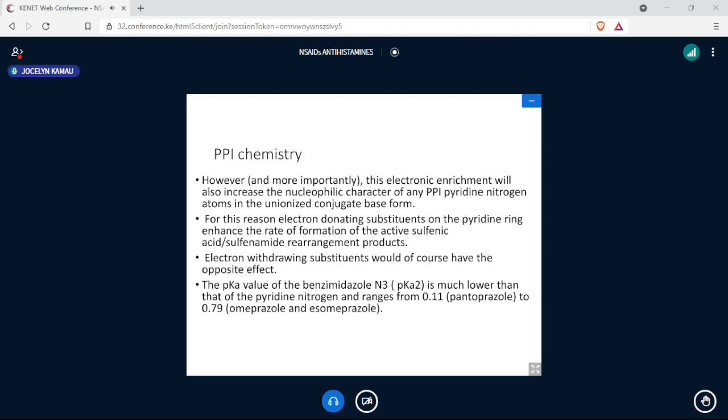When you have electron donors, it will increase the pKa of the benzimidazole nitrogen, allowing it to be readily protonated, allowing it on protonation to pull electrons and therefore enhance the rate of reaction of these PPIs. I hope that is clear also.